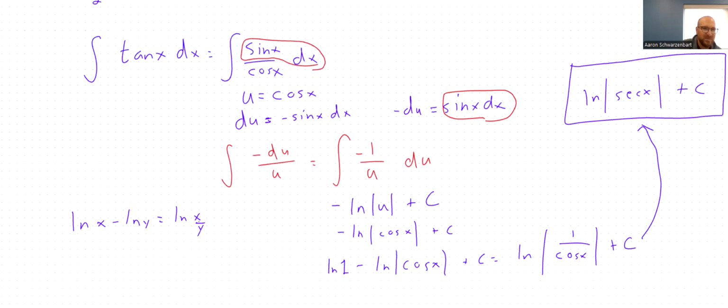When you do definite integrals, you look at this and go, which one is my u? Well, the derivative of tangent is secant squared. The derivative of secant is secant tangent.